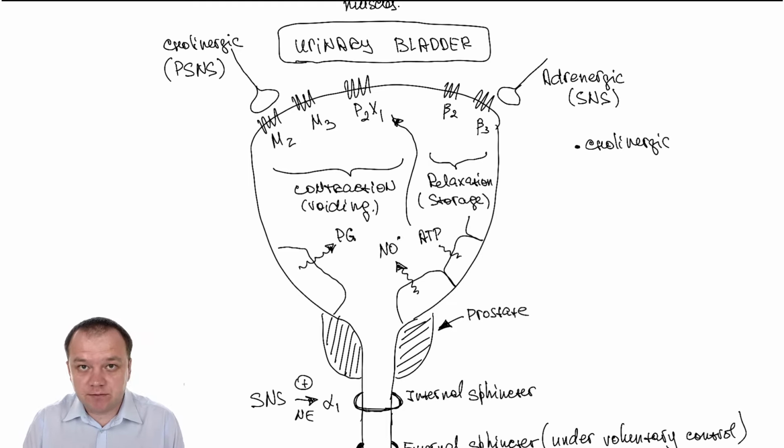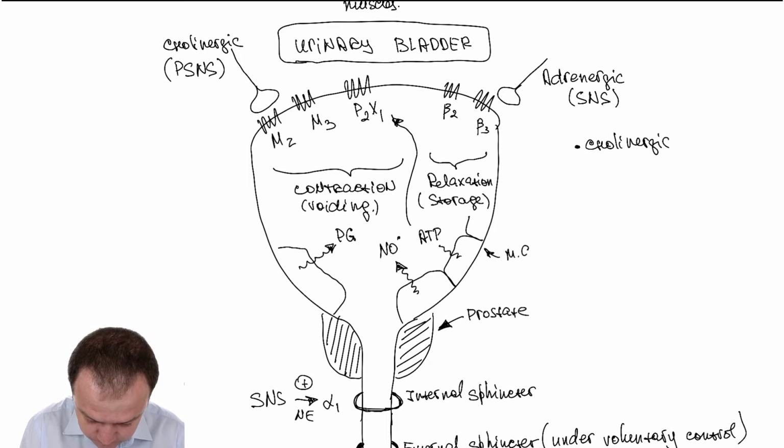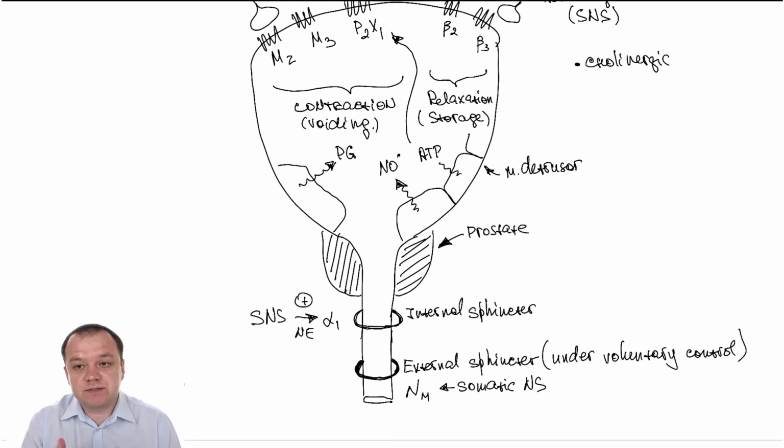Activation of the parasympathetic nervous system causes contraction of the musculus detrusor urinae, and is responsible for voiding. Again, activation of M2 and M3 receptors causes contraction of the bladder, contraction of the musculus detrusor urinae, and relaxation of the sphincter, especially relaxation of the internal sphincter, because the external sphincter is under voluntary control, but relaxation of the internal sphincter is important, so it's kind of antagonistic relations.